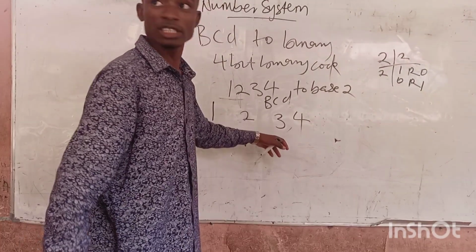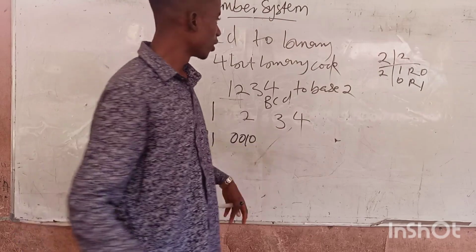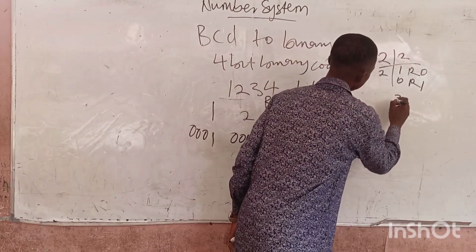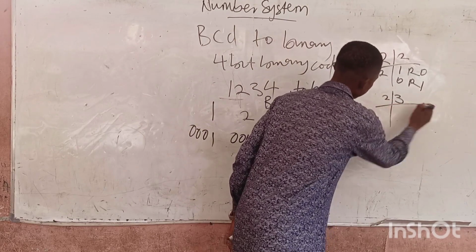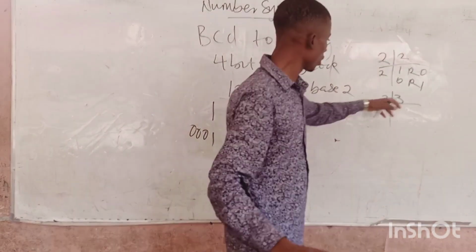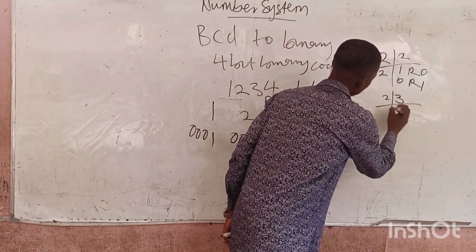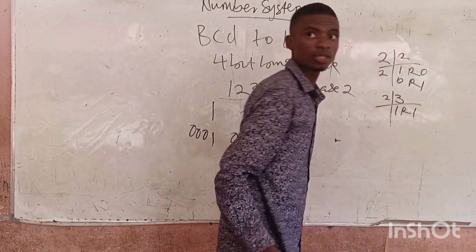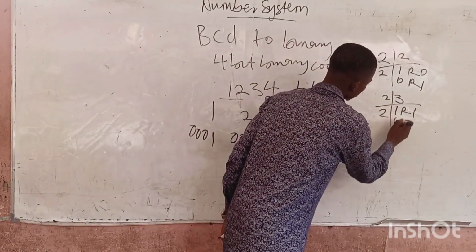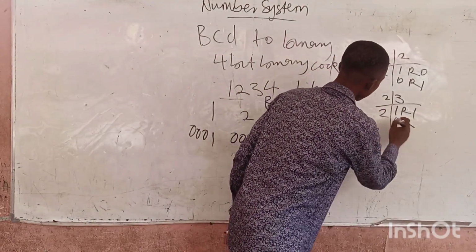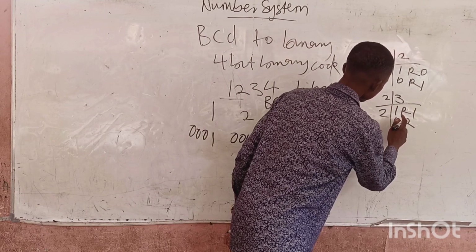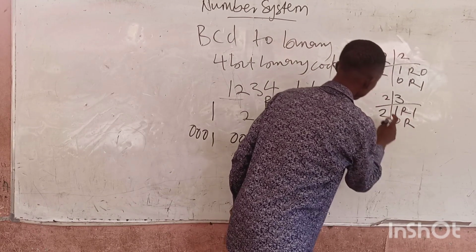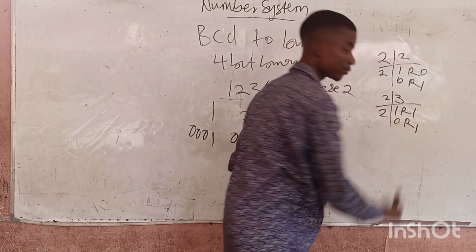We look at 3. What is the binary equivalence of 3? 3 divided by 2 will give you 1, remainder 1. 1 divided by 2 will give you 0, remainder 1.